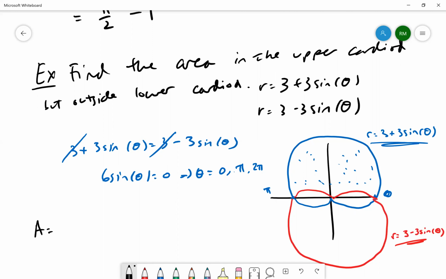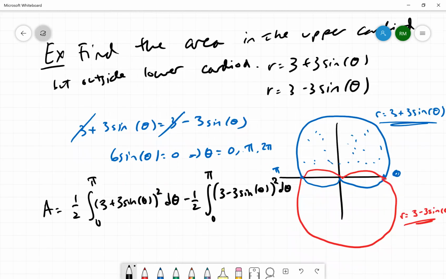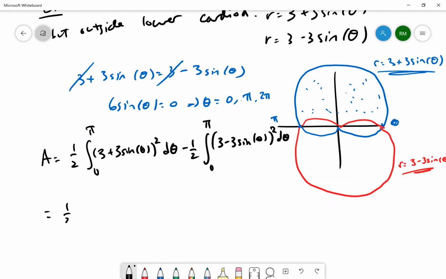So this should tell us that the area is 1/2 the integral from 0 to pi of the outer cardioid minus the area of the inner cardioid. So we expand that, and we'll combine the two integrals.